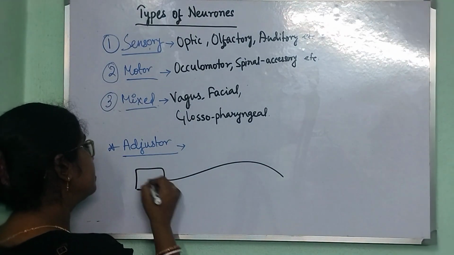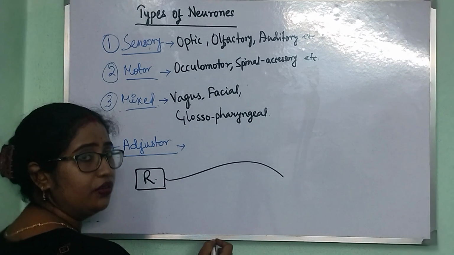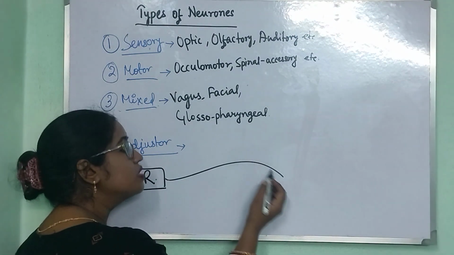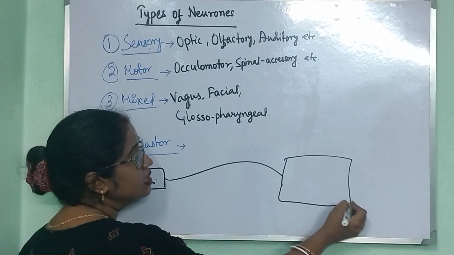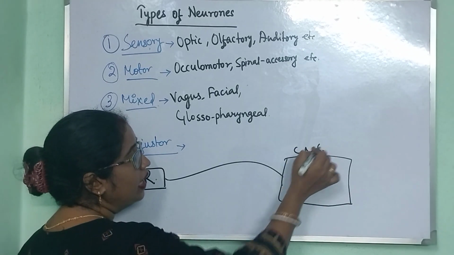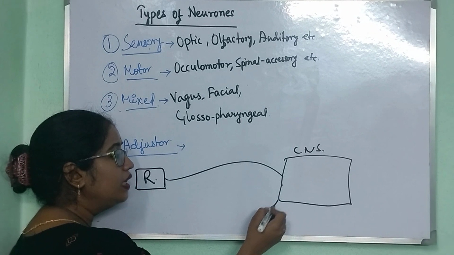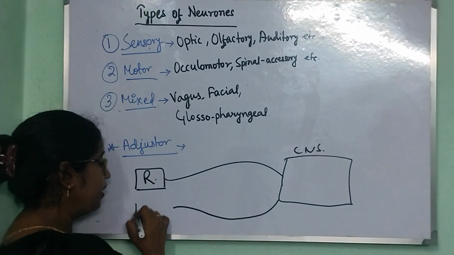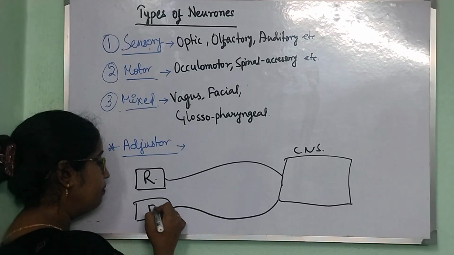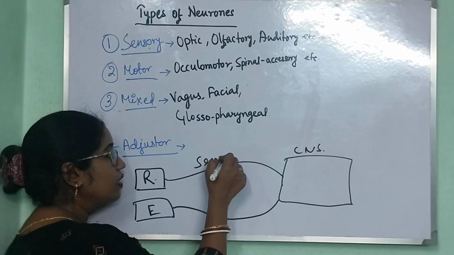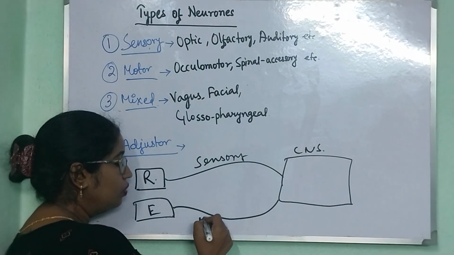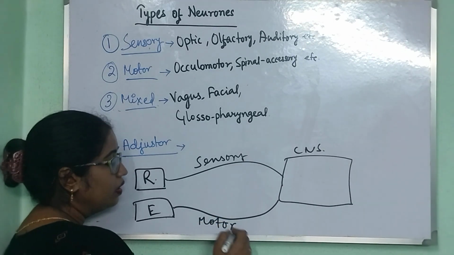If this is the sensory receptor, then the sensory neuron transmits those signals to the CNS, and the CNS relays its order to the effector organs via the motor neuron.